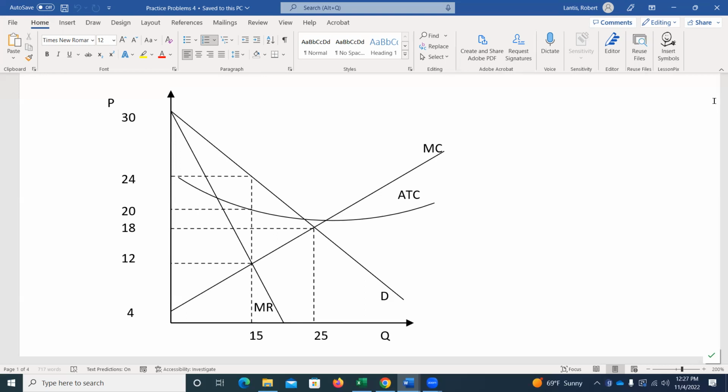Multiplied by the base, which is what? 25 minus 15, right? The difference between those two quantities. It's the base of our triangle. And then times a half, right? So I've got what here? So 6 times 10, 60. Yep. Yeah, 60. So because I have this monopolized market, the total surplus loss is $60. So a value of $60, right? And this, with these numbers put together.